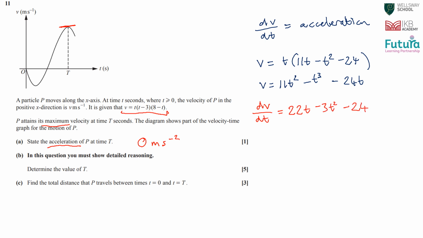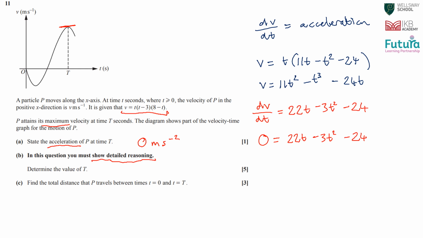And the key thing we need to know is at this point, the acceleration is equal to 0. And so I set this equal to 0. So 0 equals 22t minus 3t squared minus 24. Just because the question says you need to show detailed reasoning, I'm going to go about factorising this rather than just putting it into my calculator.